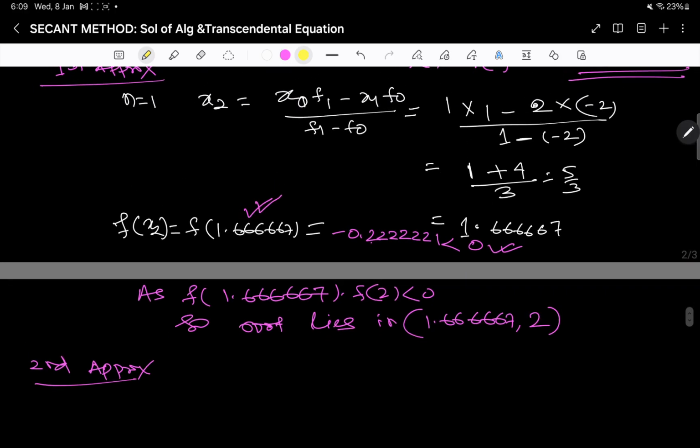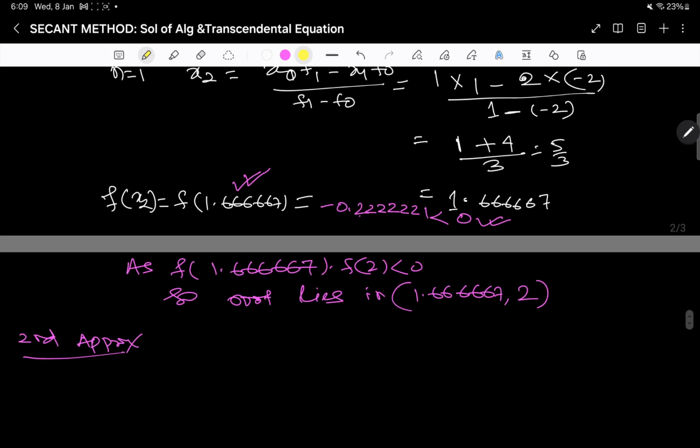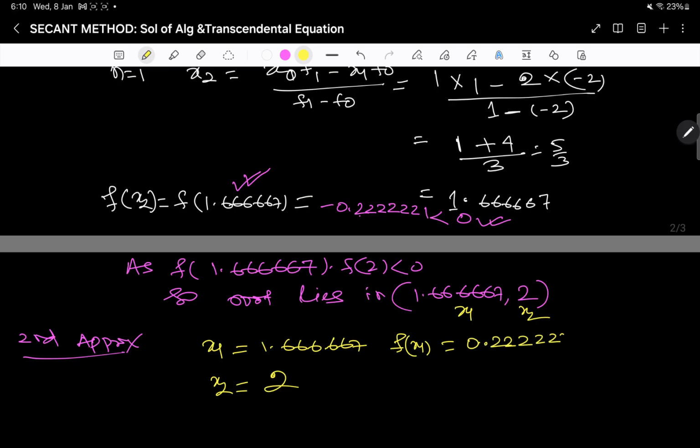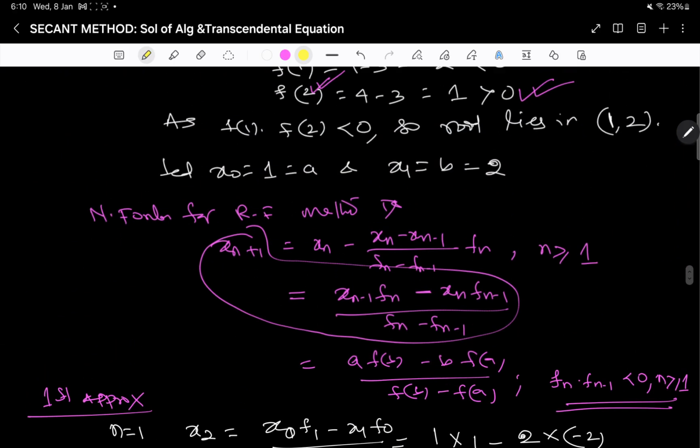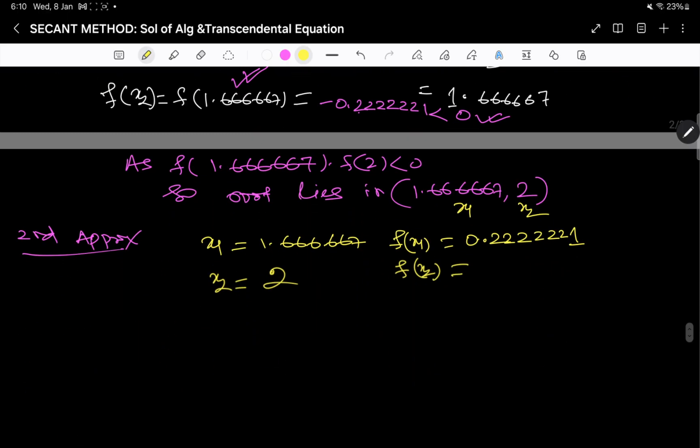So for my second approximation, let this be my x1 and this be my x2. So my x1 is 1.666667 and my x2 is 2. And here f(x1), as I have told you, is minus 0.2222, and f of x2 is 1.